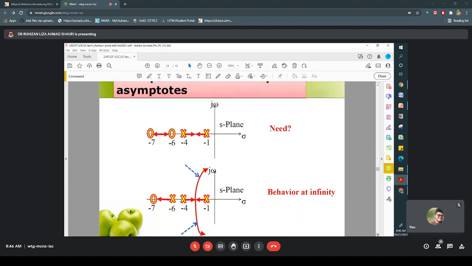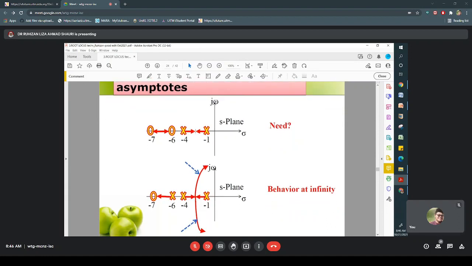Let's look at these two examples. Here for the first one, you know that the number of open loop poles and the number of open loop zeros match, 2 with 2. So you know that there is no branch that needs to go to infinity. Are you clear?